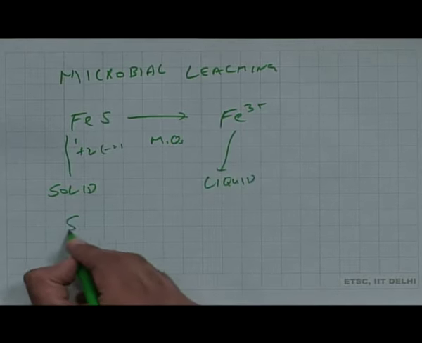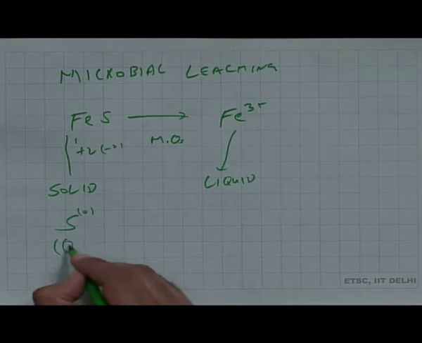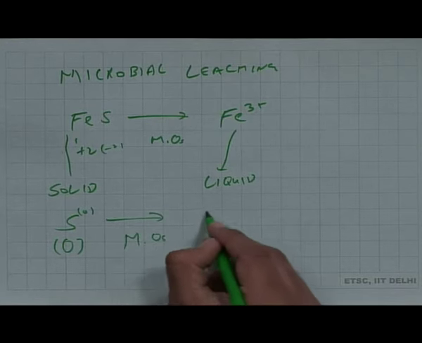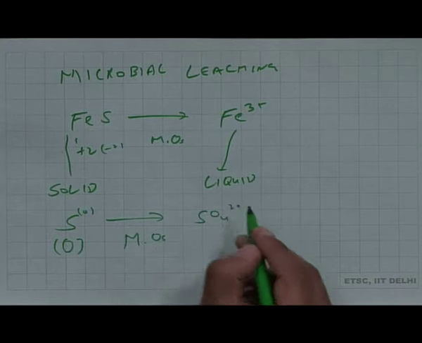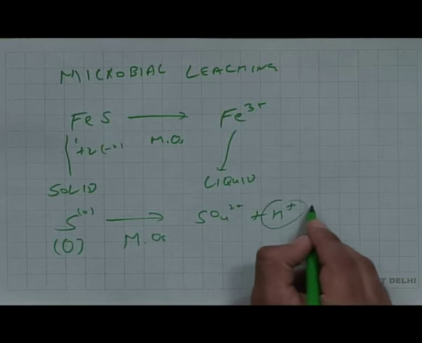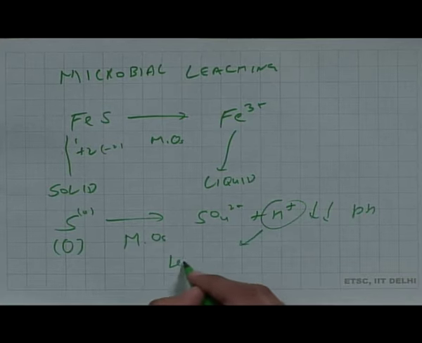Similarly, you have sulfur in 0 oxidation state, and you have microorganisms that can oxidize it to sulphate, and in the process it will also produce H plus. So, this will decrease the pH and lead to leaching of metals.